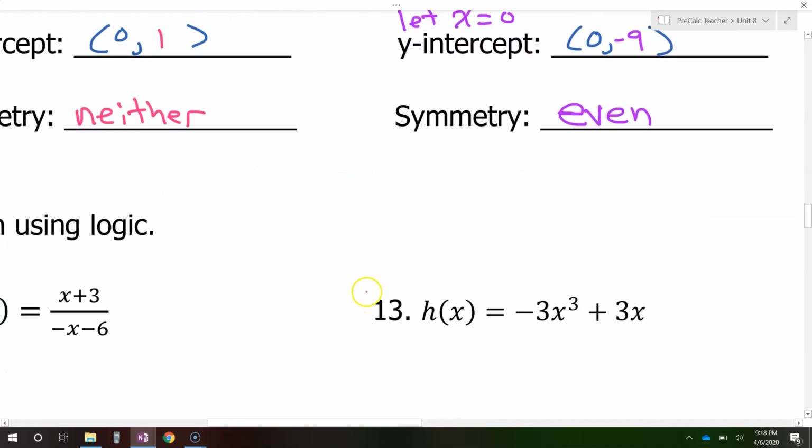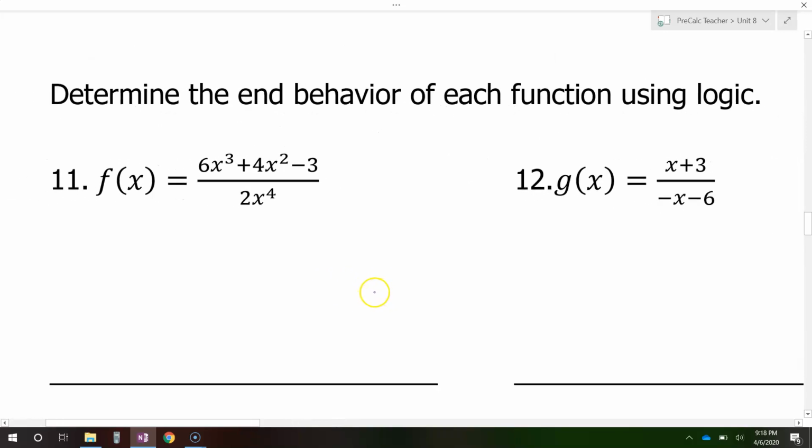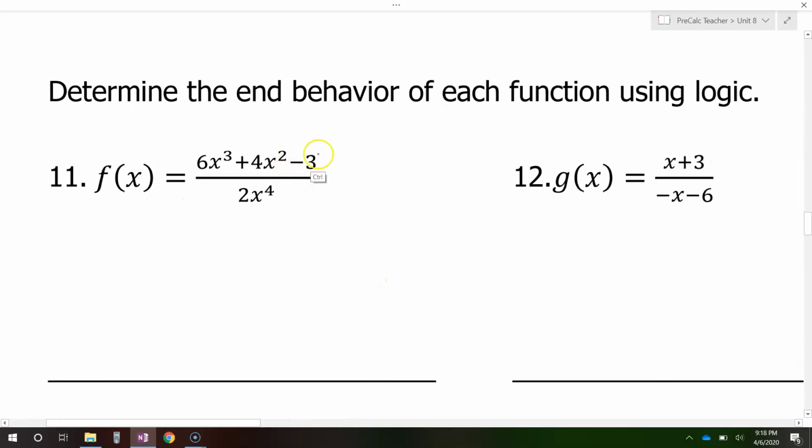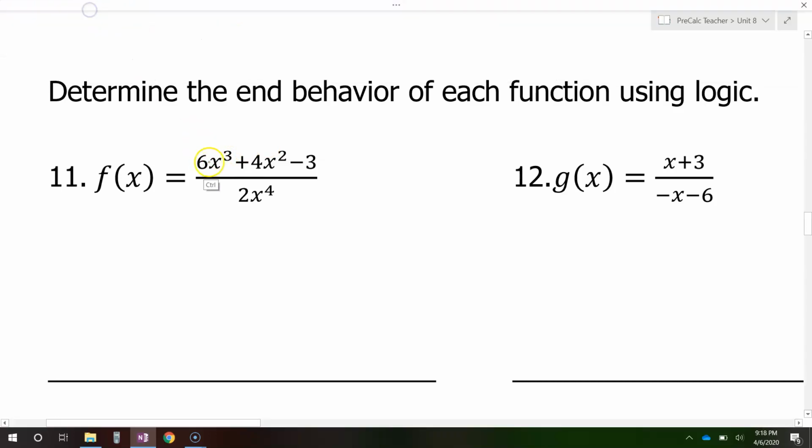Okay, let's jump down and talk about end behavior using logic. As functions get bigger and bigger, because we're talking about end behavior, we're talking about what happens as x approaches infinity or negative infinity.